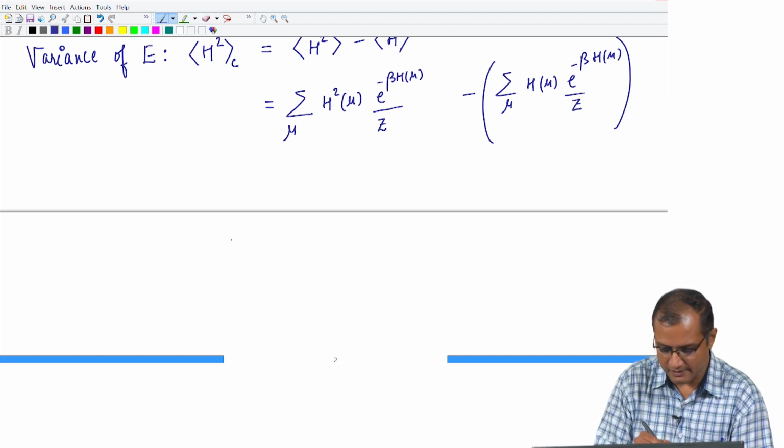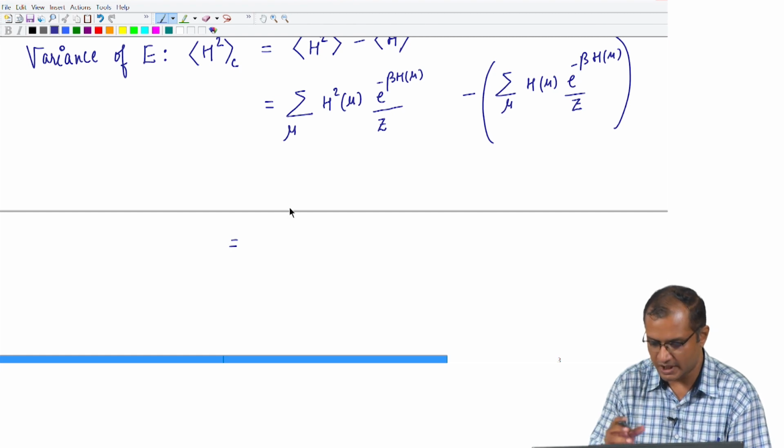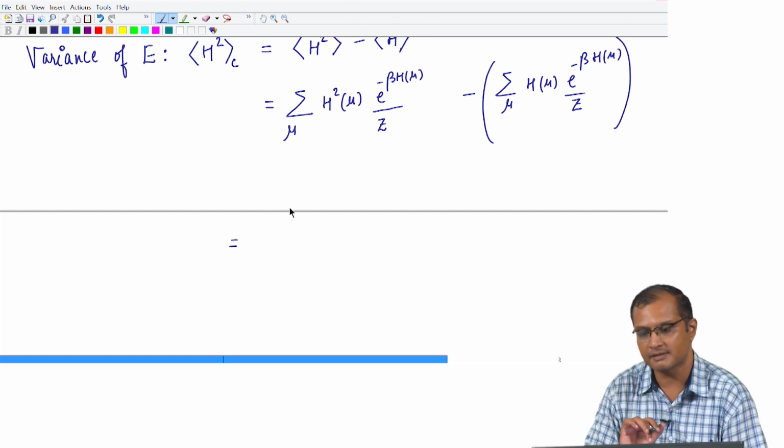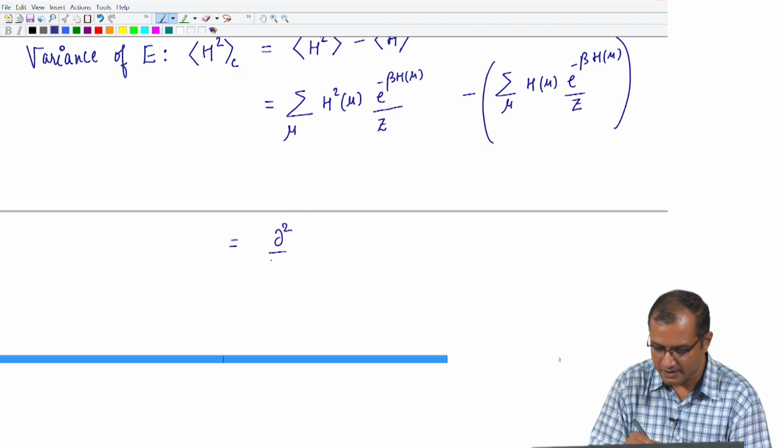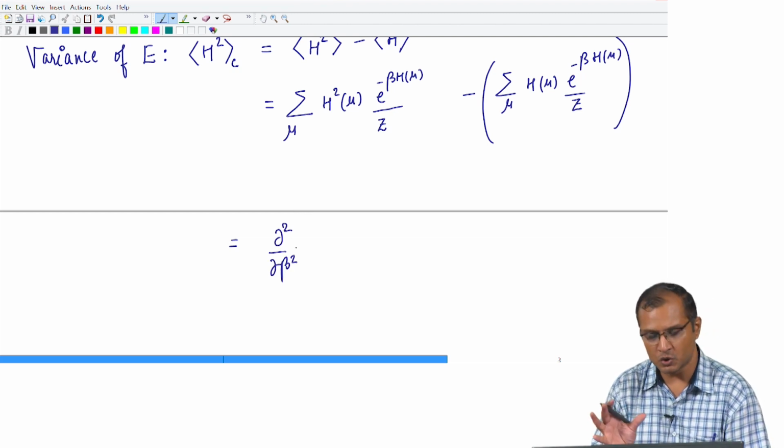So I can write this as: each derivative of beta will pull out a minus H. I need H square, so I will take two successive derivatives and pull out 2 minus H's.